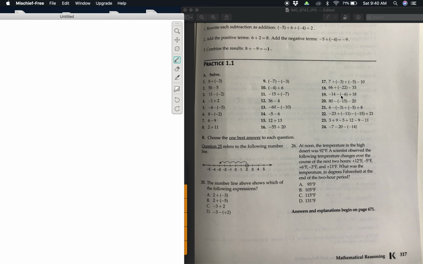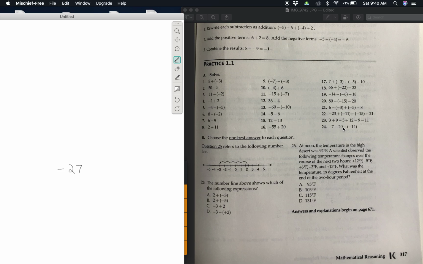If it was a negative, it would be in parentheses like this. Parentheses, negative 20. So it's negative 7 minus 20. If you take 20 away from already negative 7, you have negative 27.